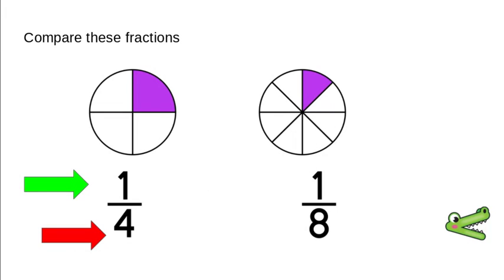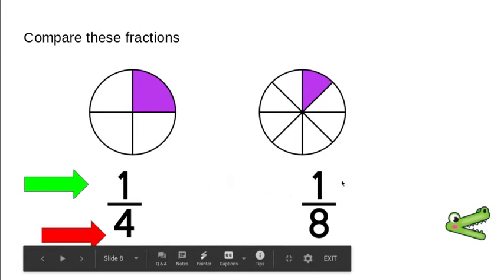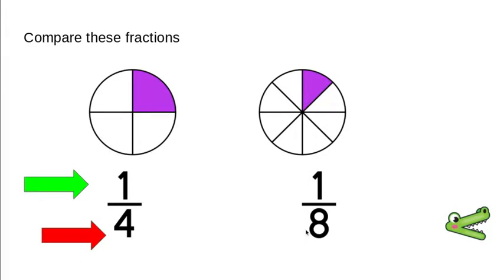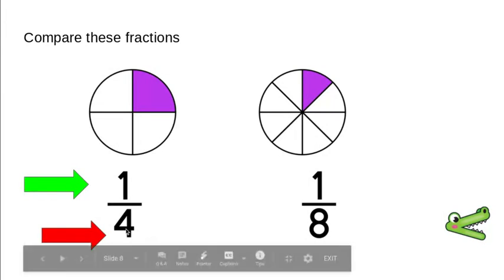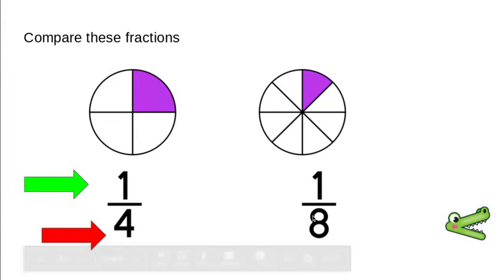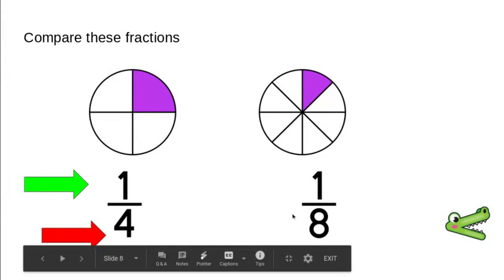Oh, my numerators are the same. Okay, so that helps me because I know that fourths are bigger than eighths if we're talking about the units. We have the same amount, so if I know fourths are bigger than eighths and I'm taking one of the fourths and one of the eighths, then the fourth has to be bigger.